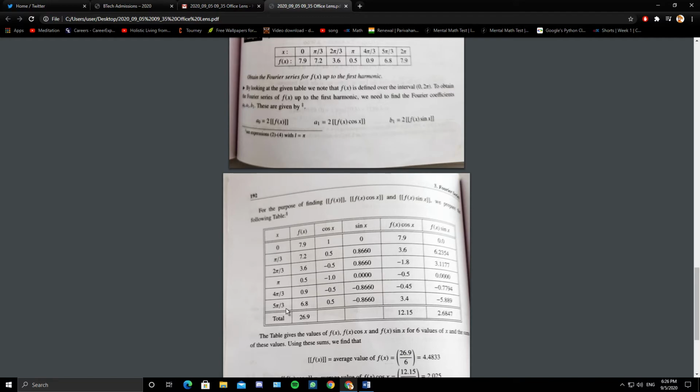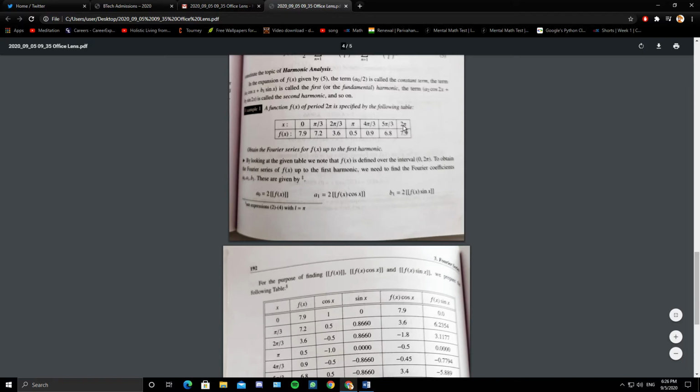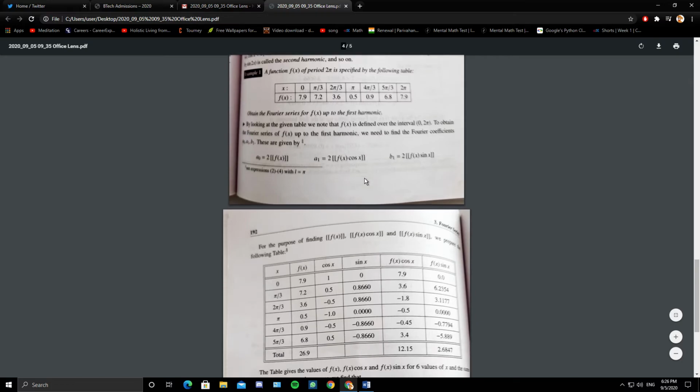The reason for that is 2 pi will be included in the next interval, 2 pi to 4 pi.